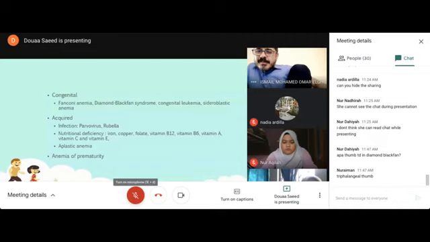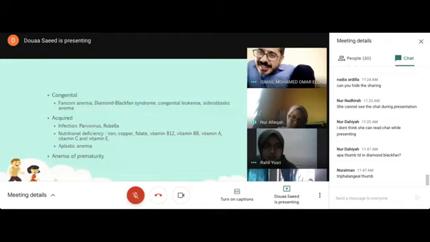VACTERL. So these are the common causes of absent radius: Fanconi anemia, TAR syndrome, Holt-Oram syndrome, and VACTERL syndrome. Okay, very good. Carry on.